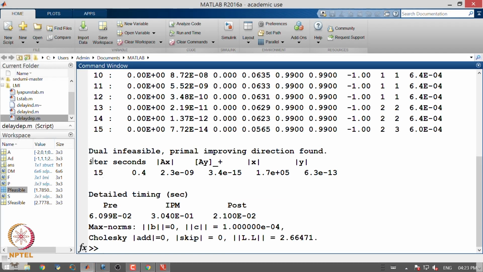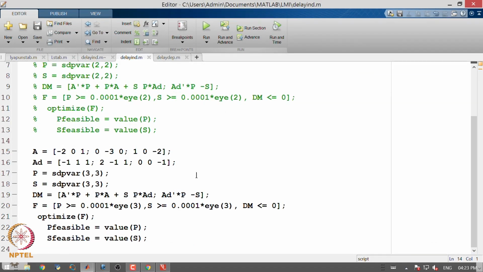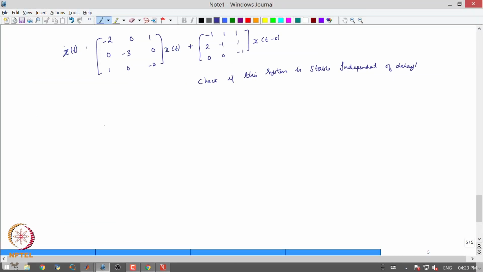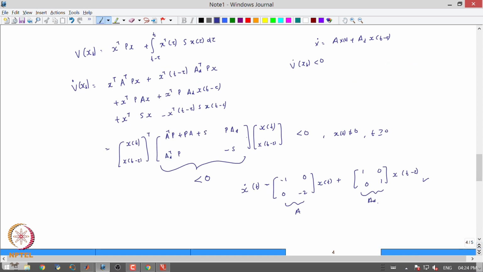That actually gives me an infeasible condition here, right, that this system is not independent of delay. So the answer is this system is not stable independent of delay, whereas the previous system actually was stable independent of delay.